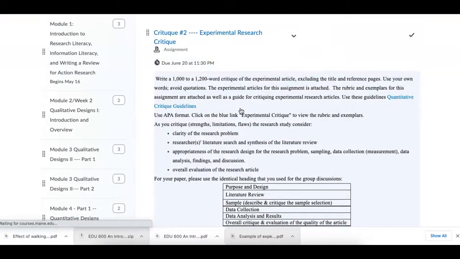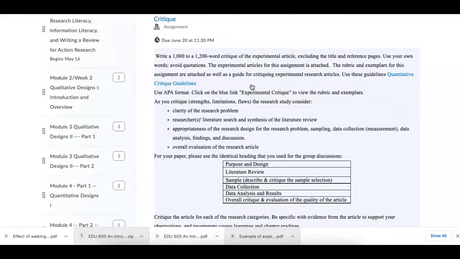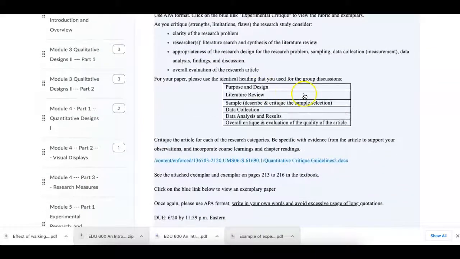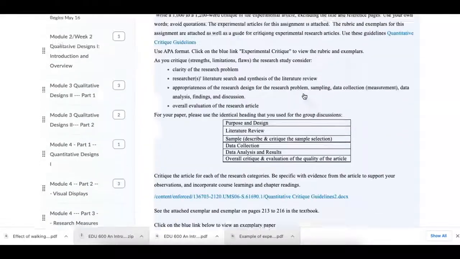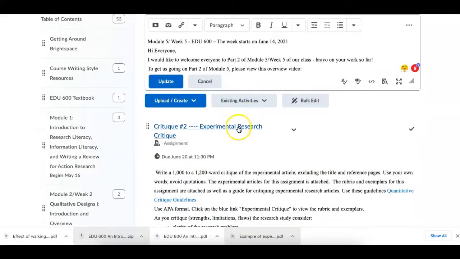So here's the assignment. Just like the first one, please write a 1,000 to 1,200 word critique. I'm going to click on this because it gives us a little more detail.